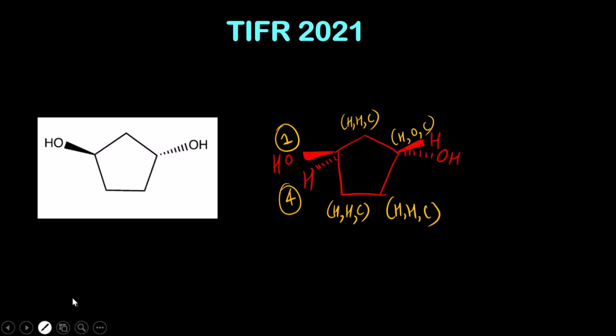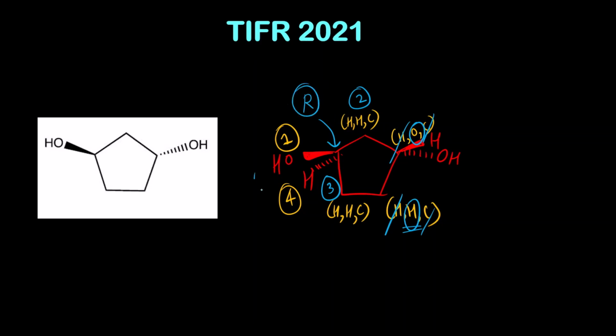So we can see that hydrogen is the same, carbon and carbon is the same, but oxygen has higher atomic number, and hence it will have higher priority than hydrogen. So this will get the second priority and this will get the third priority. So from 1 to 2 to 3 it is clockwise, and the absolute configuration for this will be R, since you can see the fourth priority group is on the dash bond.